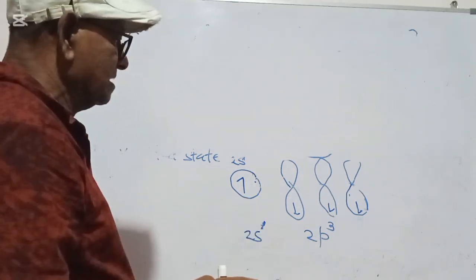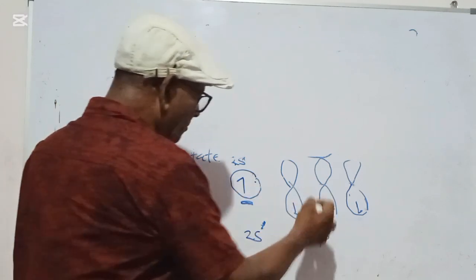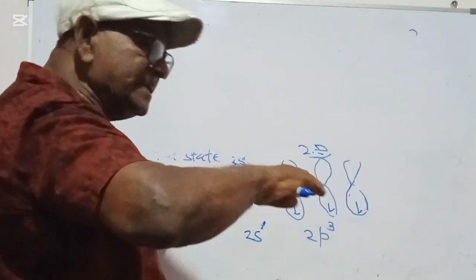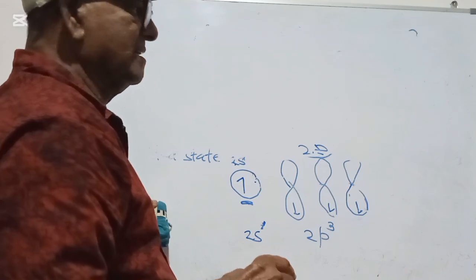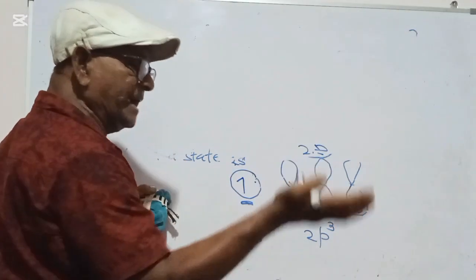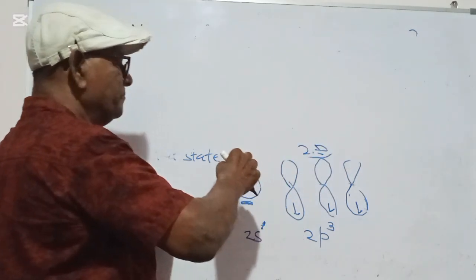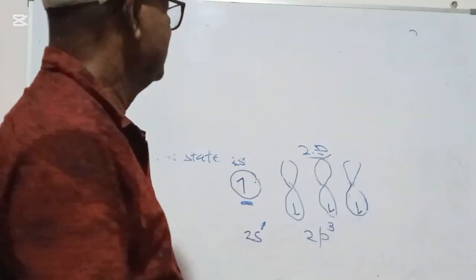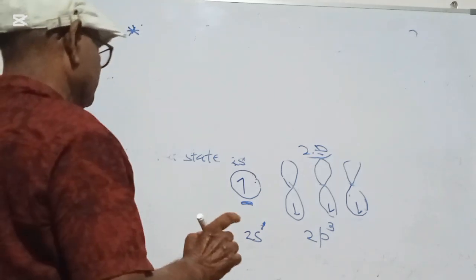The two problems, do you remember? The 2s orbital and 2p orbitals have a little energy difference, right? The 2p has little greater energy than the 2s. Therefore, that energy difference should be covered up.